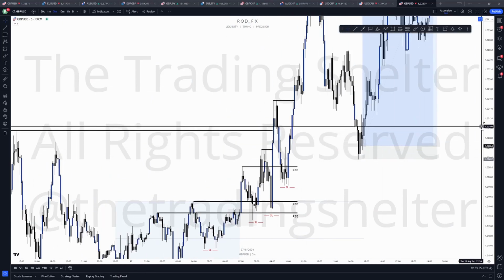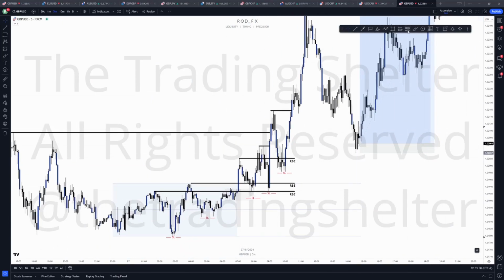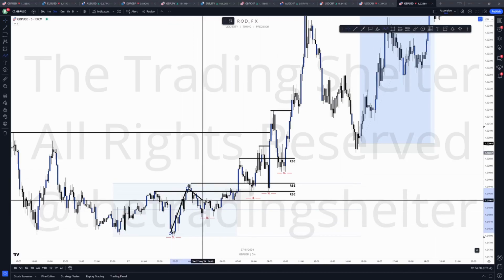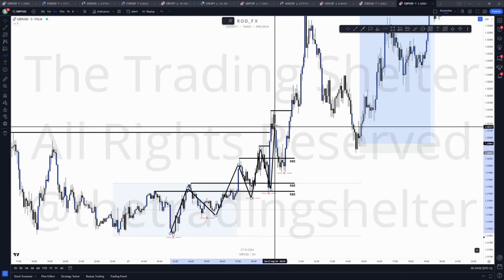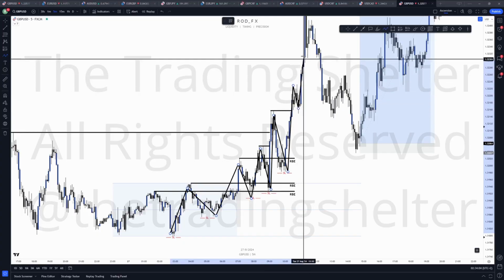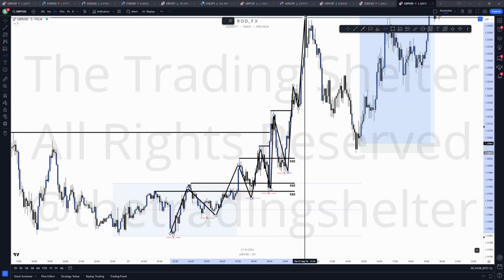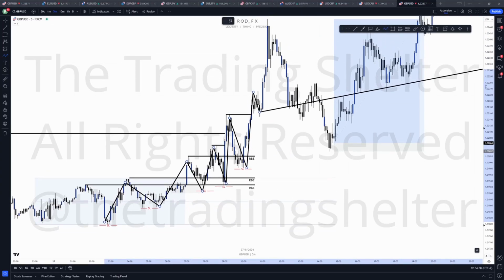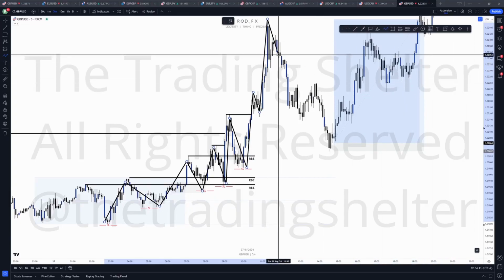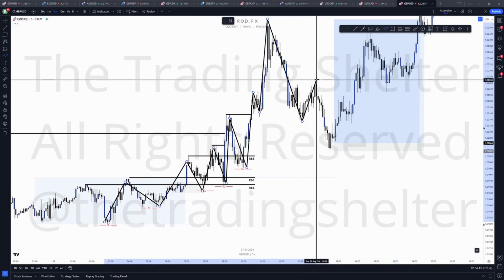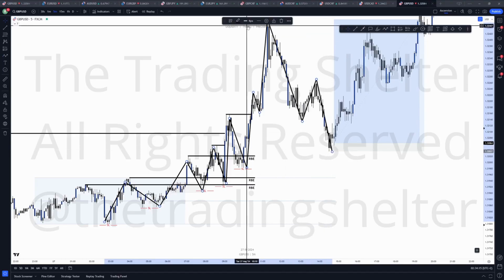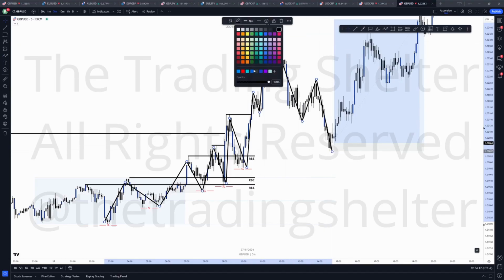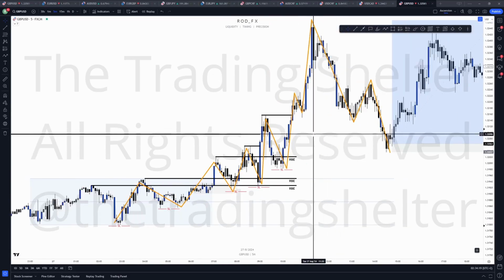Now, what we have is a clear upwards price action, right? Structures are being created to the upside. And what we have here, how do we call this? Remember, and again, remember that this is in hindsight.